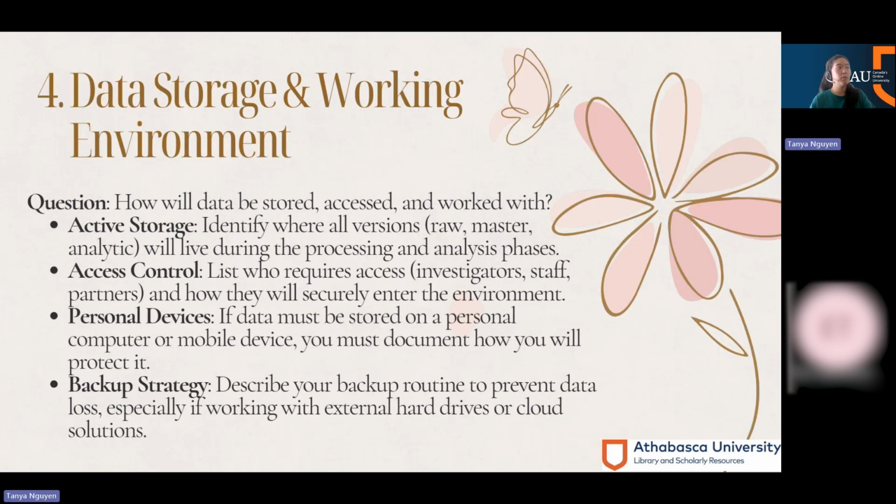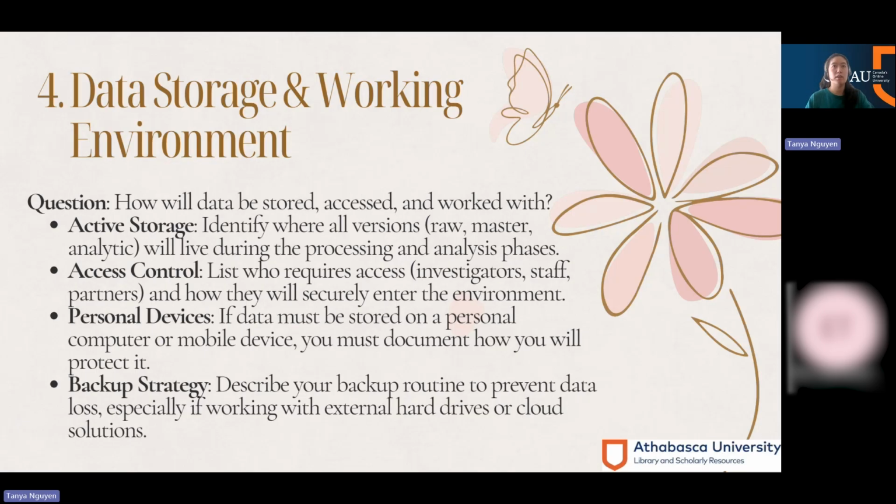Okay, so the fourth section for a DMP that we see is data storage and working environment. So the question here is, how will data be stored, accessed, and worked with? The first one is being able to define where our data will reside during different phases of the project.